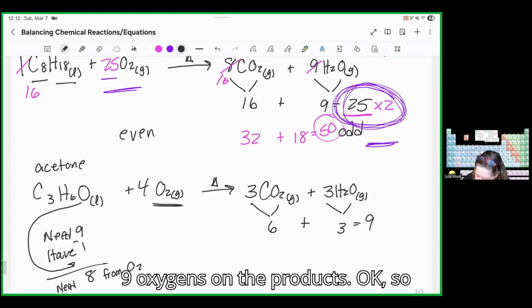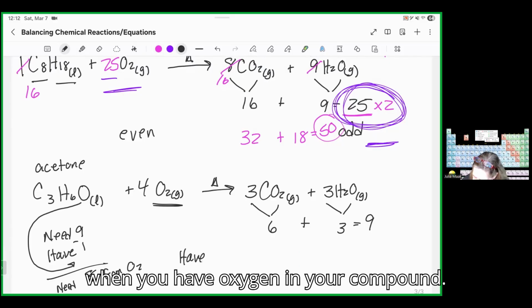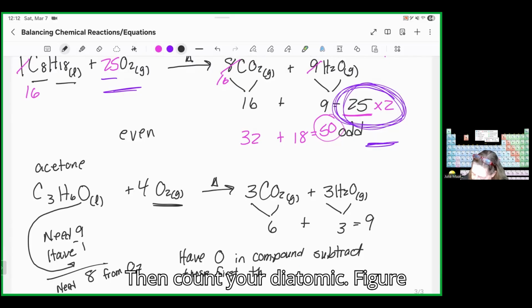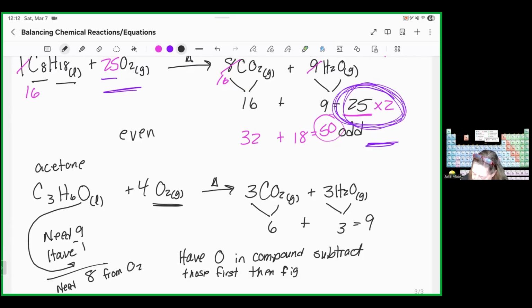Okay, so when you have oxygen in your compound, subtract those first. Then count your diatomic, figure out your diatomic.